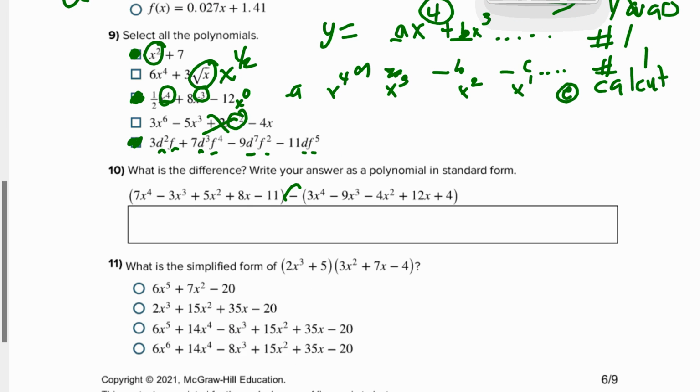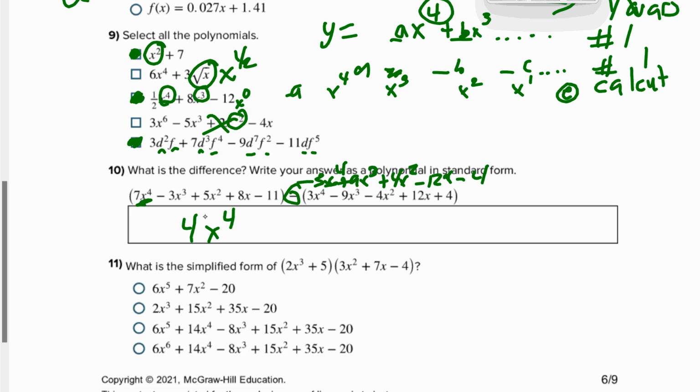What is the difference? Make sure you distribute this negative. That becomes positive 9x cubed. That becomes positive 4x squared. This becomes negative 12x. This becomes a negative 4. And now we can just combine like terms. Make sure you get all your x to the fourths together, so that would be 4x to the fourth.